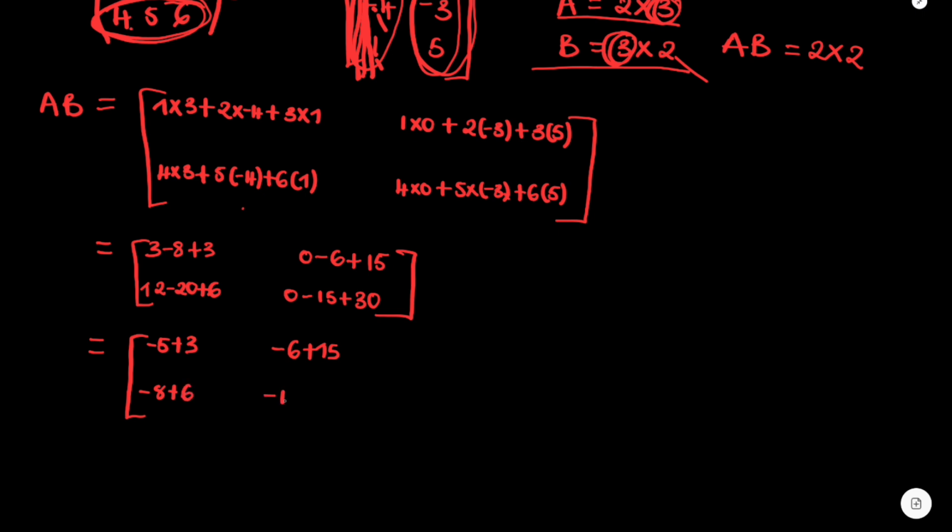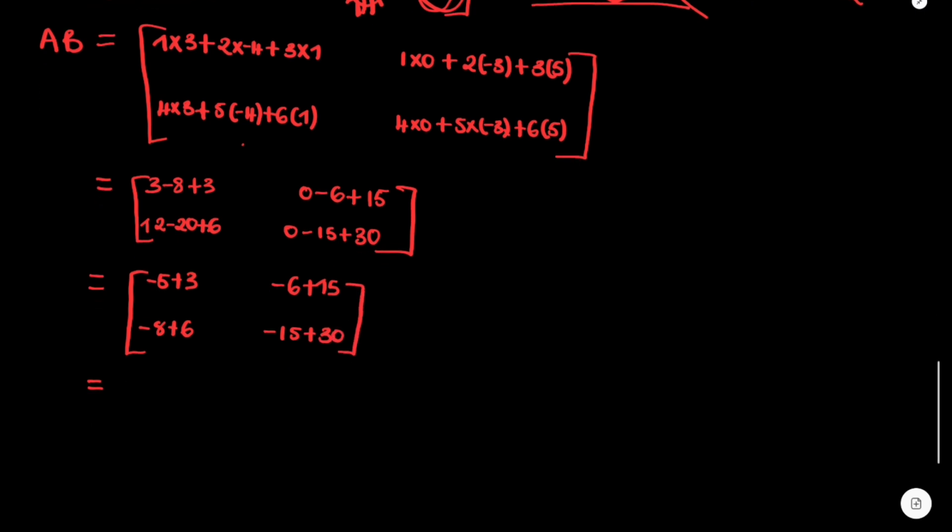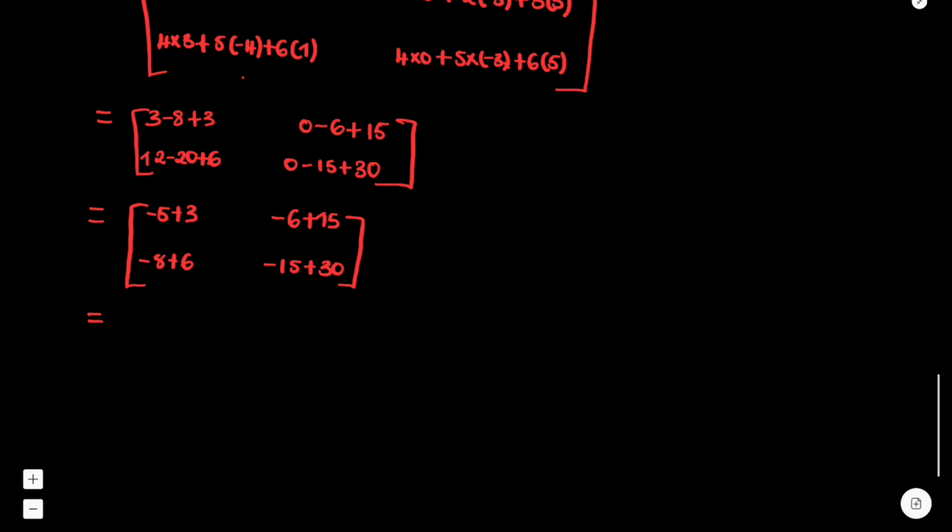And there we have -15 plus 30. So we simplify it further. I'm taking this step by step for better understanding. If you can do all the simplifications at once, it is better for you.